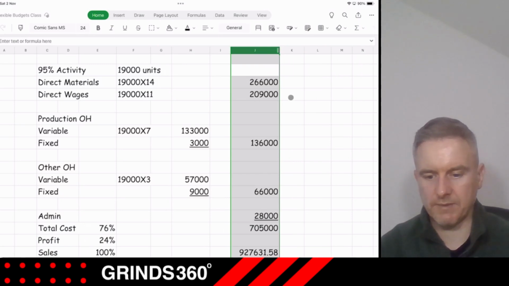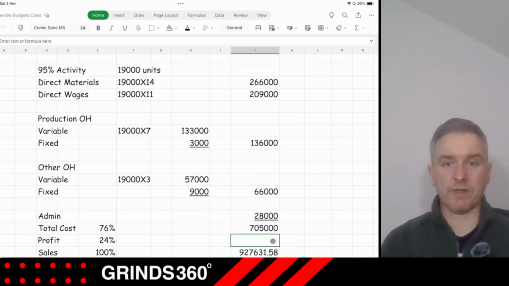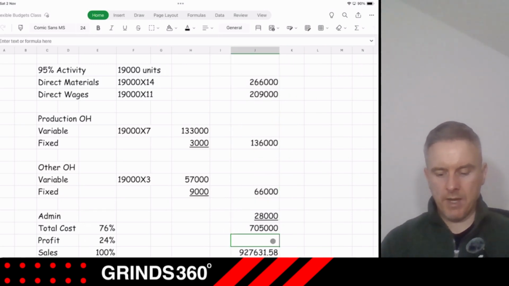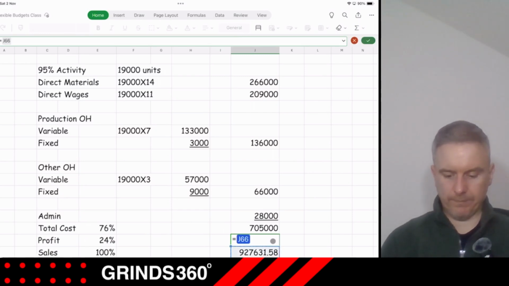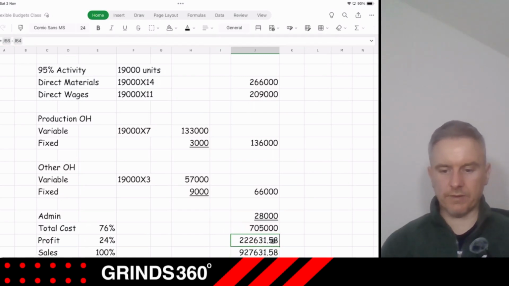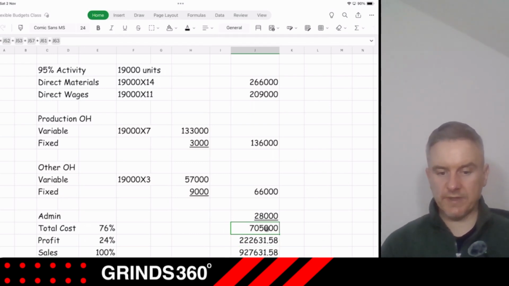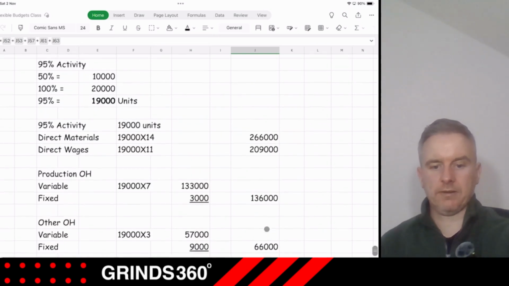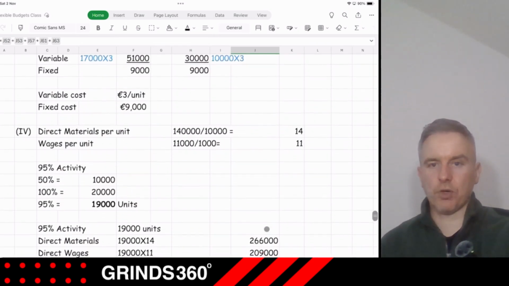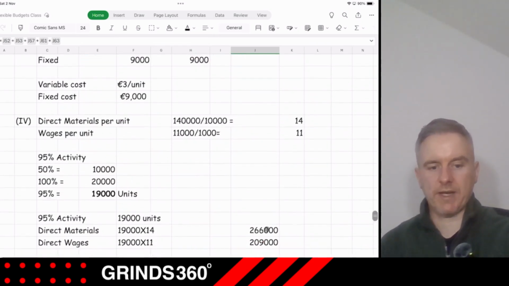You can give decimals there. So 2 decimals would be appropriate because it's money that we're dealing with. And then get your profit figure. So the 222,631.58. So that's going to be your profit figure. This is the answer though, 705. That's when you've restated at 19,000 units, okay? So that is your budget at 95% capacity.